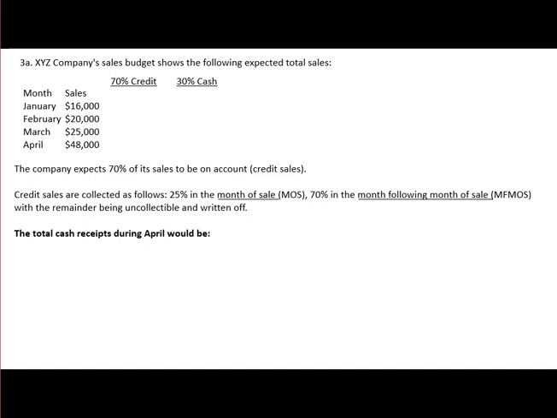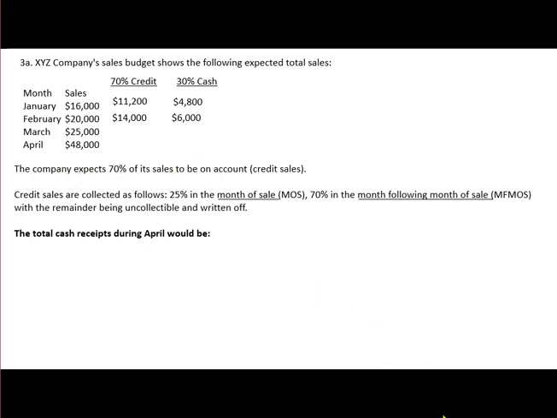Here's our 70% credit sales, 30% cash sales. Here are the sales that are on credit, taking the total sales times 70% for each of these months. For January, we're going to have credit sales of $11,200 and cash sales of $4,800. For February, credit sales of $14,000 and cash sales of $6,000.